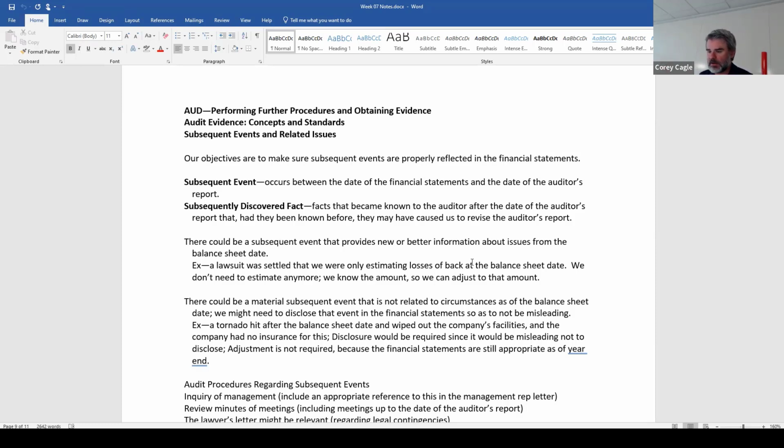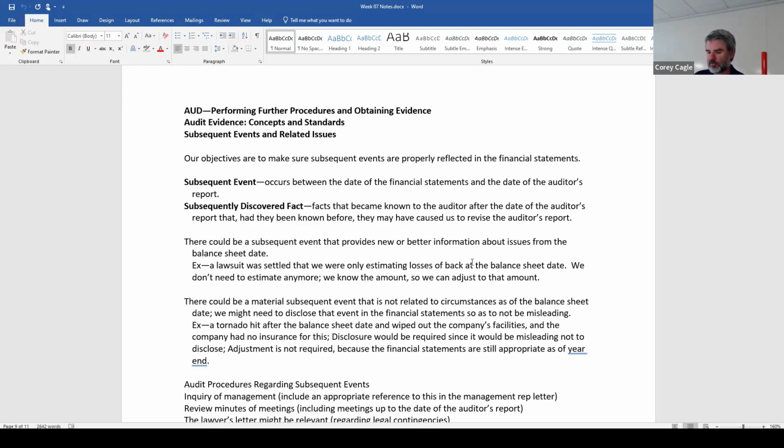What does that mean? So as with everything, management is responsible for all the things, right? We are responsible for testing those things, right? So management's responsible for evaluating any subsequent events up to the date the financial statements are going to be issued, made public, before the audit report's going to be out there.